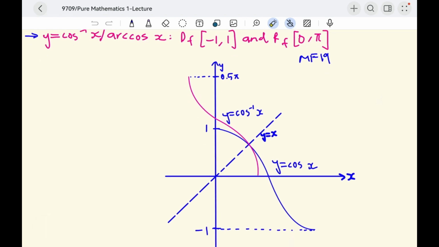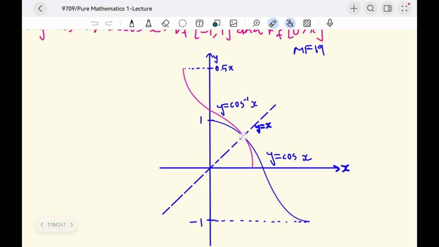Okay, so this is what its inverse function looks like. This is the center point of intersection. You reflect this graph from here to the other side like this, and for this side you reflect upwards.